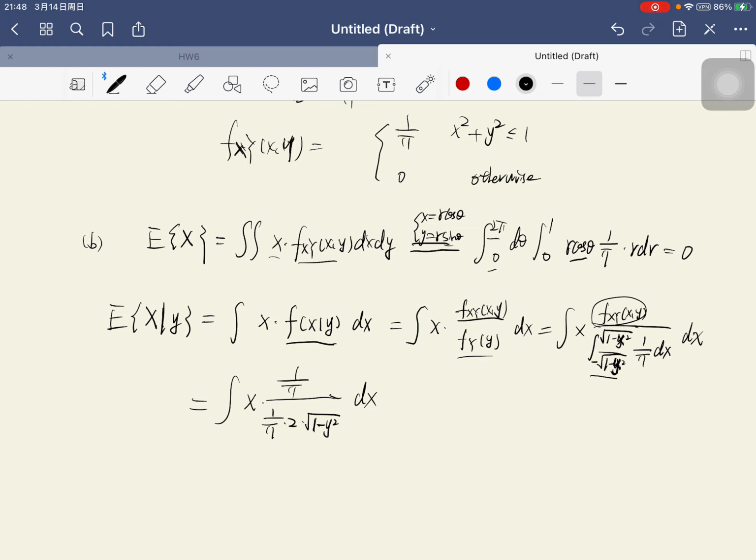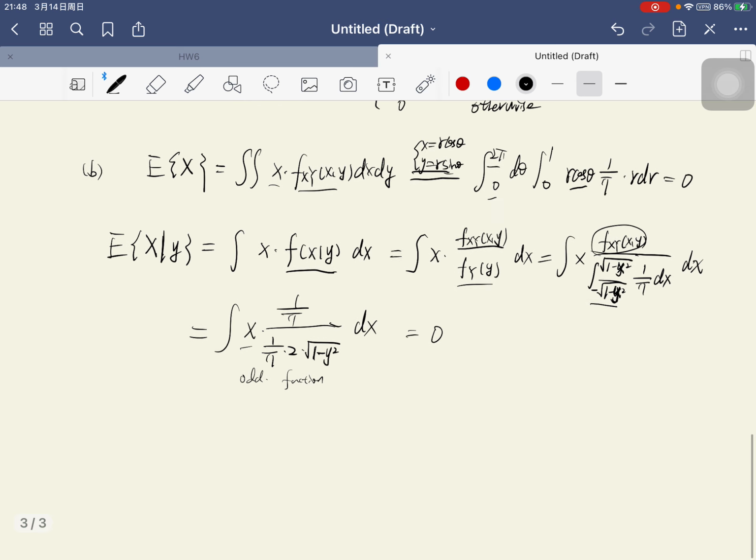So it is equal to 0 because x is an odd function, and so for every y, the expected value of X is equal to 0.